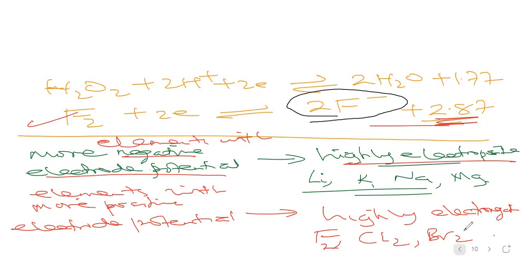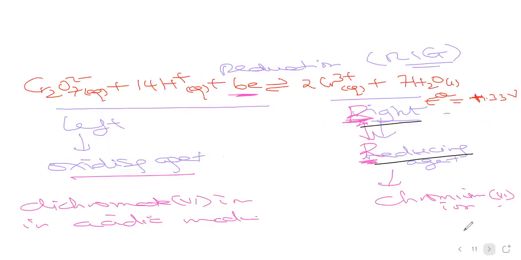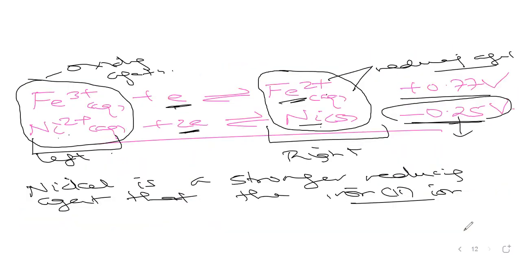So when you look at two values still, we can know which one is strongly oxidizing. These ones here are oxidizing agents. And for the oxidizing agents, it is the opposite. The ones that have more positive electrode potentials are more oxidizing.